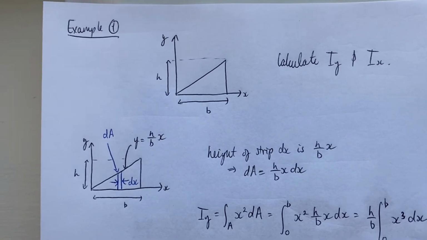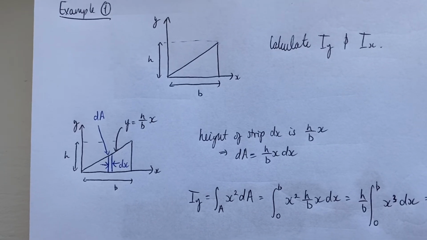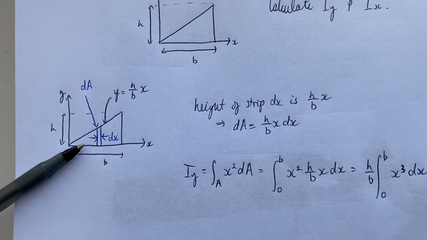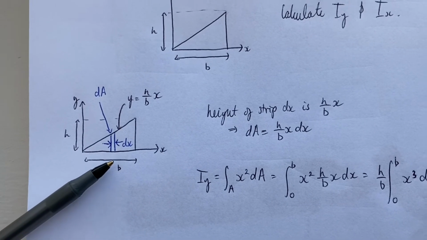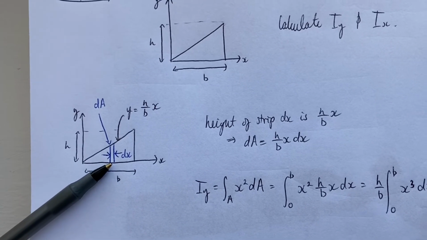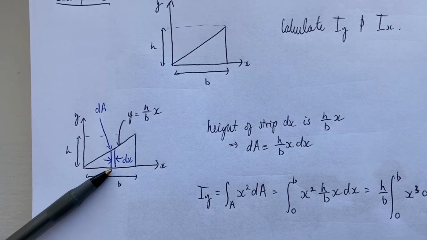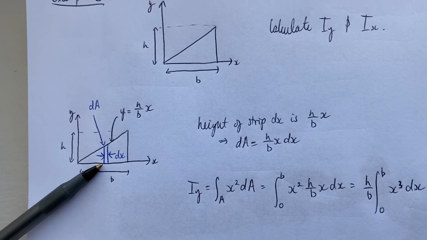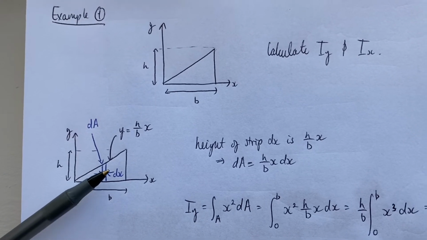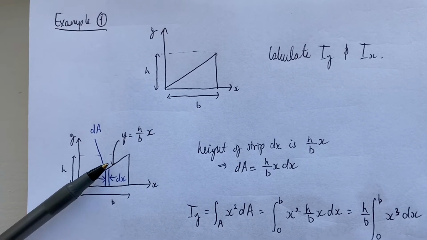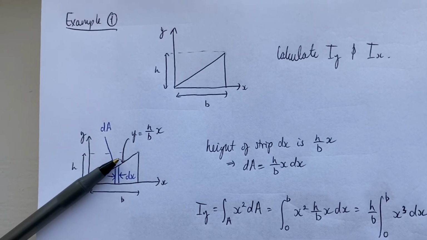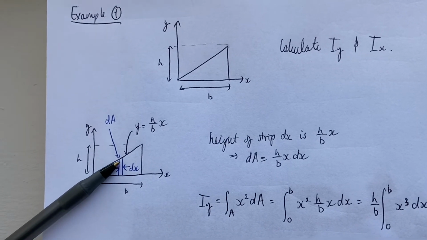So first of all, let's deal with the moment of inertia about the y-axis, and as such we have to split our triangle into little strips of width dx, and just using the basic equation of a straight line, we can work out the height of these strips.